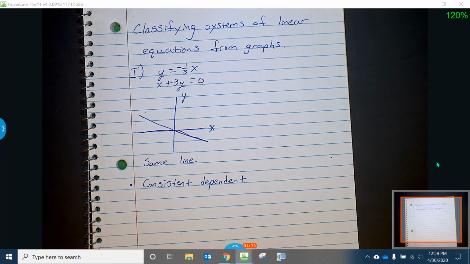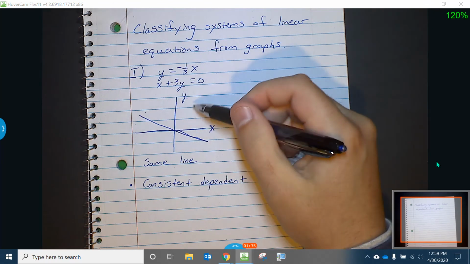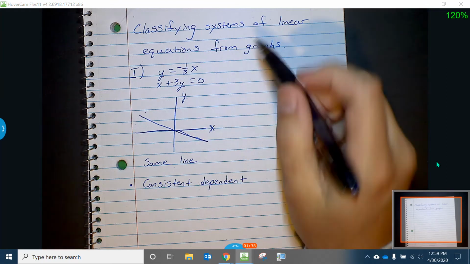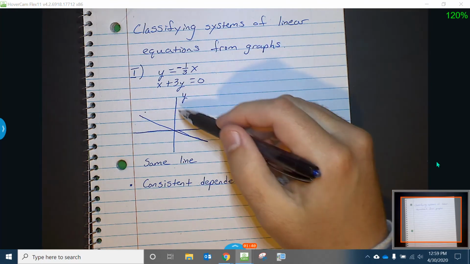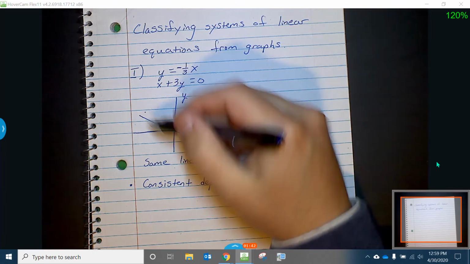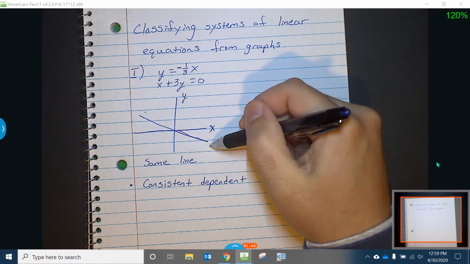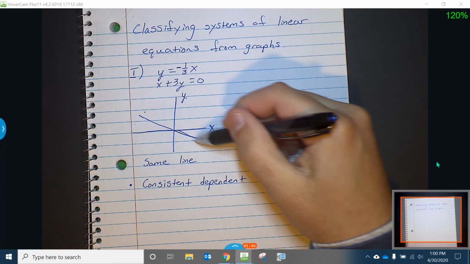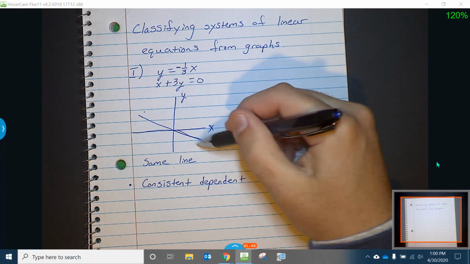So that's the first thing we can call this system. And the key is when you're looking at two lines, the answer to a system is where they intersect. Well, because the two lines are on top of each other, all these points are intersection points.